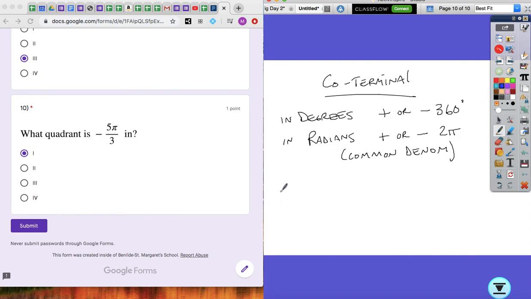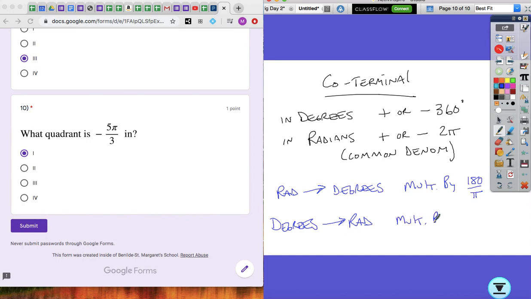If you want to convert from radians into degrees, you're going to multiply by 180 over pi. If I wanted to go from degrees to radians, not very many people like doing that, but if you did want to go from degrees to radians, you would multiply by pi over 180.